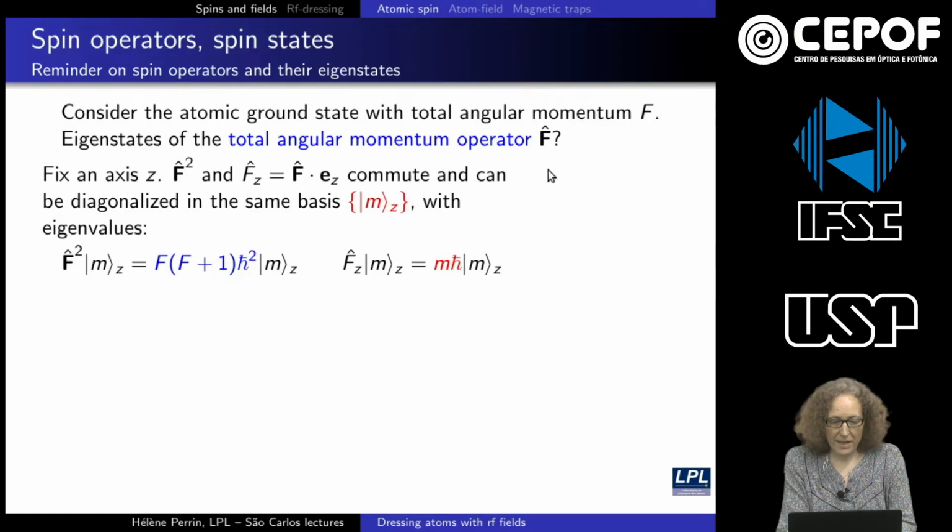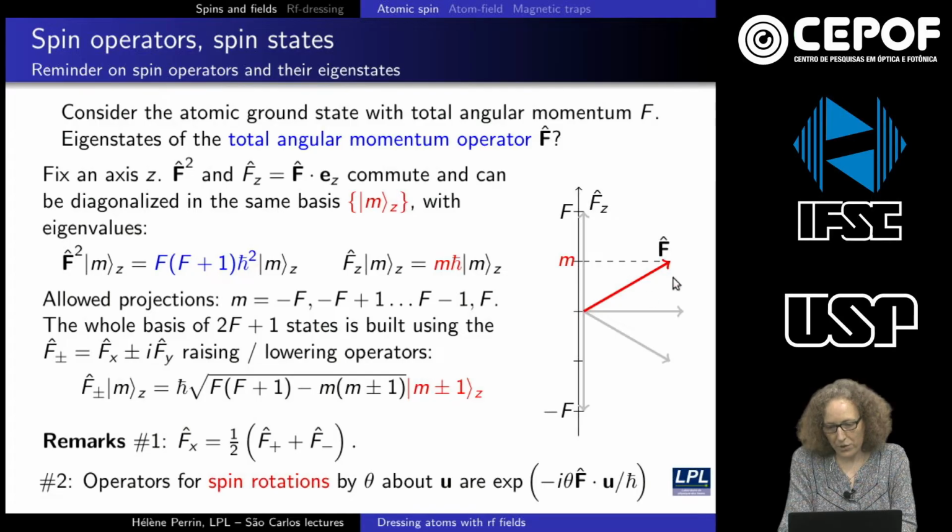So if we fix some axis Z, we can show, because F squared and the projection of F on the axis Z commute, that they can be diagonalized in the same basis that is noted |F, m_Z>, just to show that we have projected F on the axis Z. The eigenvalues are F(F plus 1) h bar squared for F squared and m h bar for F_Z. So only some values of the projection of F on the Z-axis are allowed. Only the values minus F, minus F plus 1, etc., up to F.